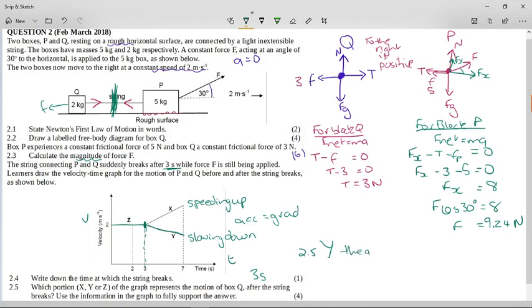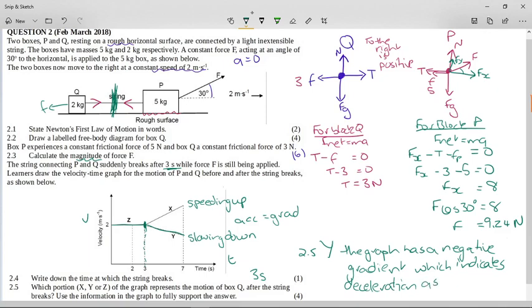Okay, so the graph has a negative gradient, which indicates deceleration, as friction is slowing the box down.